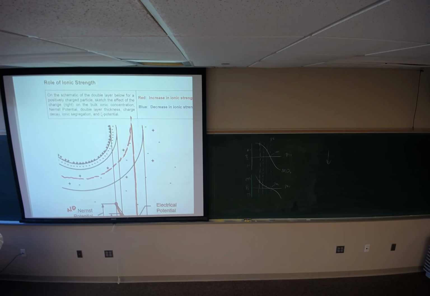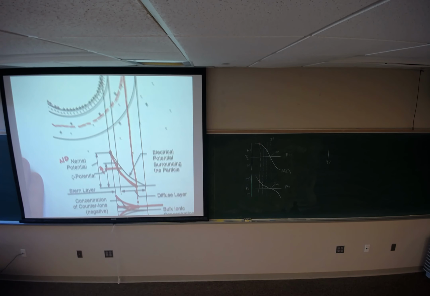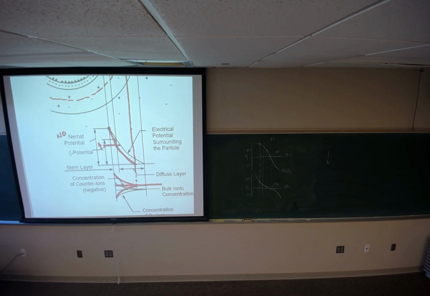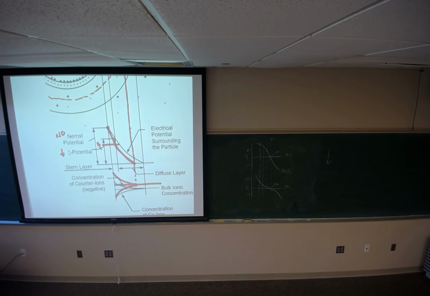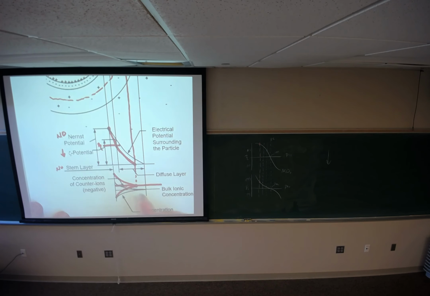Okay? So that means that my zeta potential decreases. Okay? My Nernst potential is unaffected. Okay, so this is down. Okay? And my Stern layer stays the same. No change. I'll put a no here for that. Right? And then my diffuse double layer L decreases. Okay, so the diffuse layer is smaller. But this is L. Okay? Charge segregation changes.